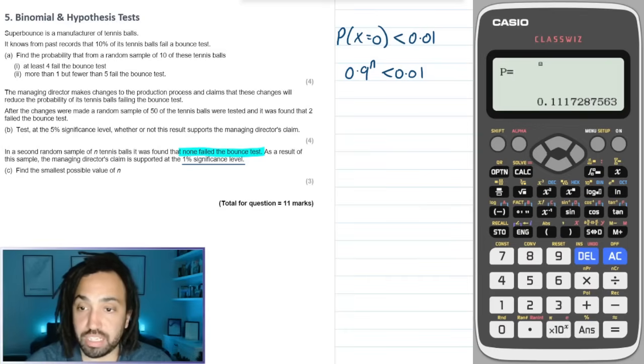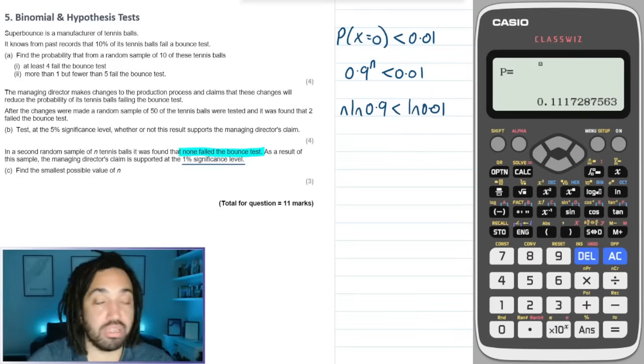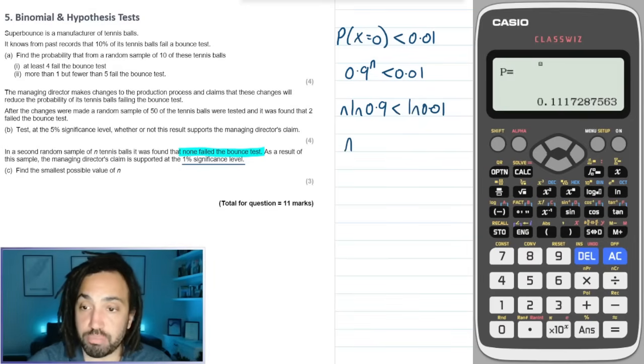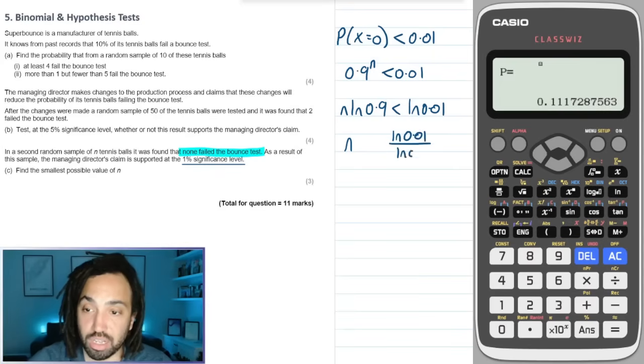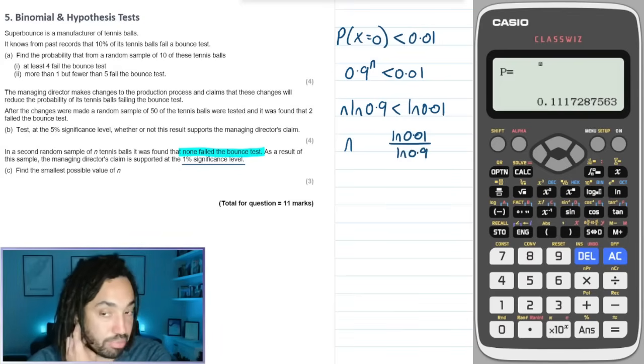Okay, so we can take natural logarithms of both sides, or log of both sides, doesn't matter, and the n can come down from the power, like so. And then we can divide through by ln 0.9, but be very careful because ln 0.9 is negative, because the input is less than 1.